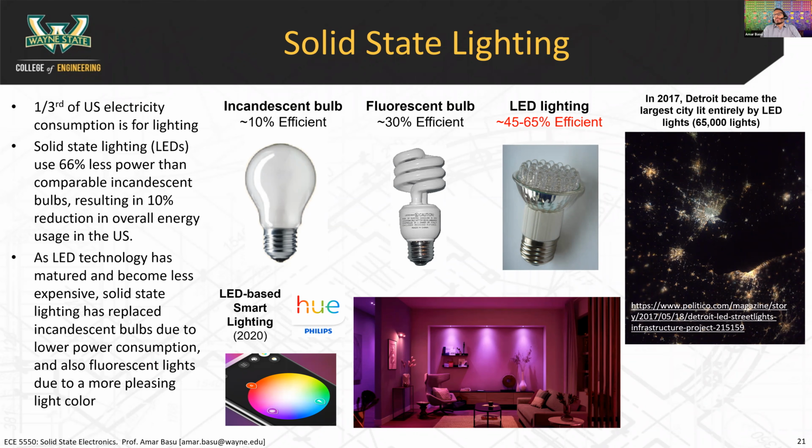For example, certain types of blue heavy light are kind of good in the morning, so it creates alertness. Whereas at night, you do not want to use blue light. Blue light stimulates the cone receptors in your eyes, and it actually keeps you up at night. I don't know if some of you have these light filters on your phones or computers when you're going to sleep at night.